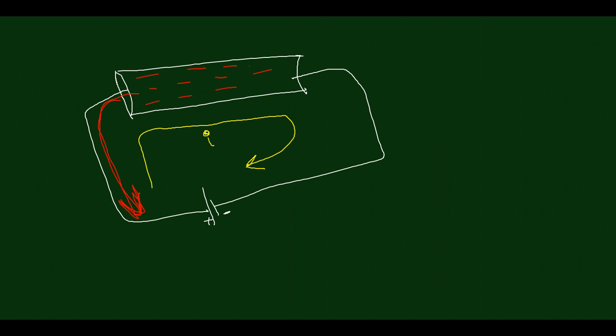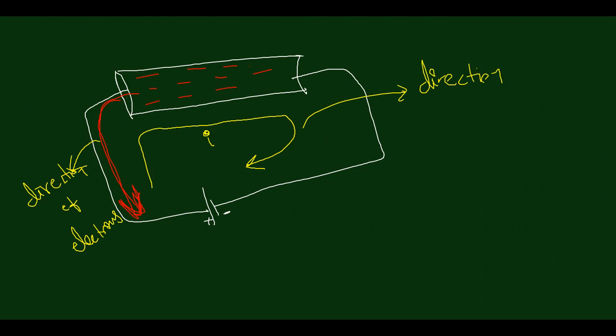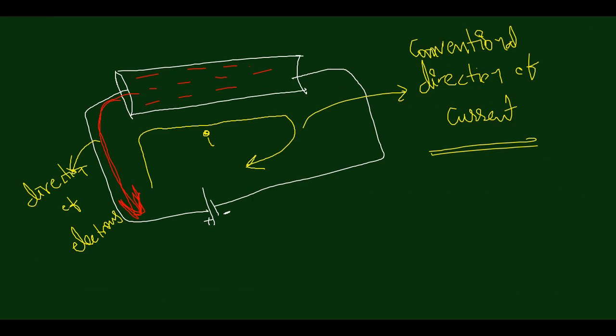This red line represents the direction of electrons, but this yellow line represents the direction of current, which is formally called the conventional direction. So this is current.